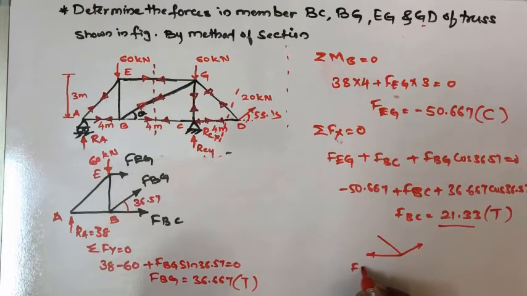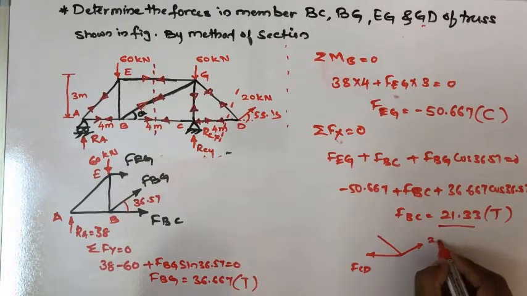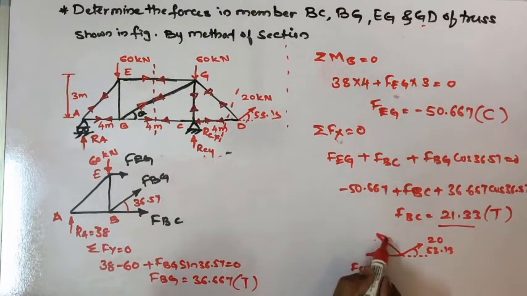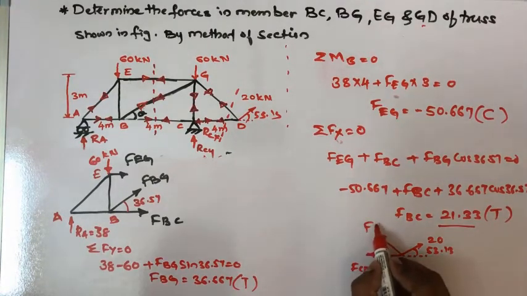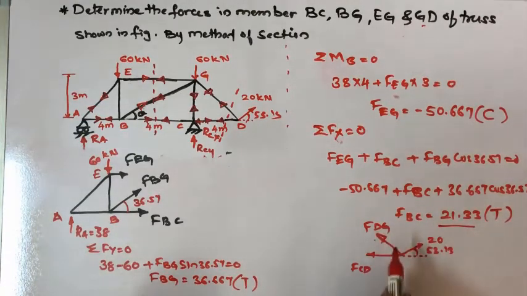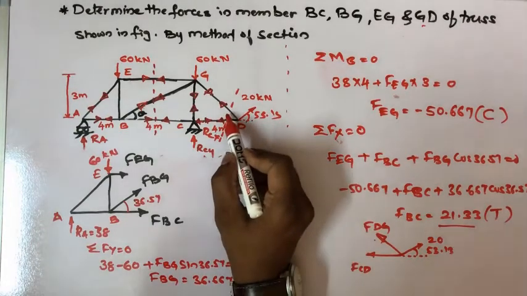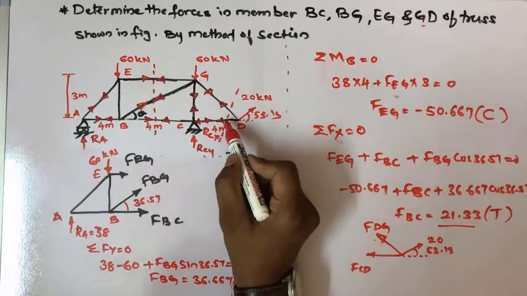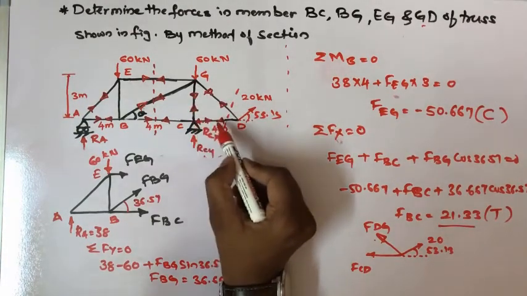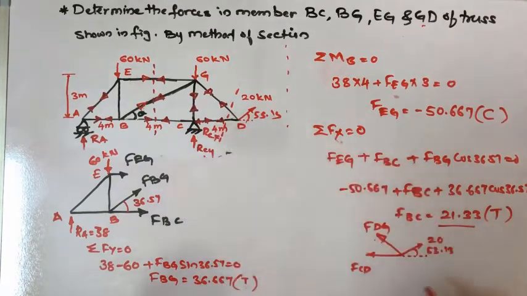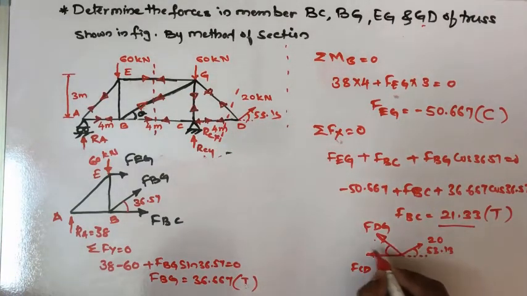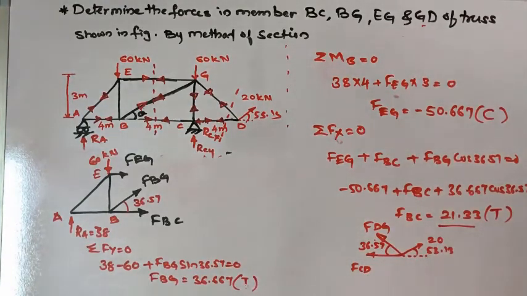So this is FCD, this is 20 kilonewton, and this is FDG or FGD. This force we have to calculate. The angle for this will remain the same, because this is 3 meter and this is 4 meter. Tan inverse of 3 by 4 will get 36.56 itself. So the angle will be 36.57. Okay, so this is what we get.